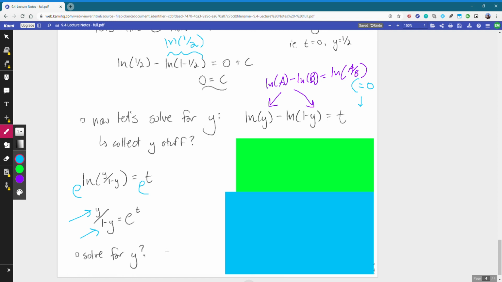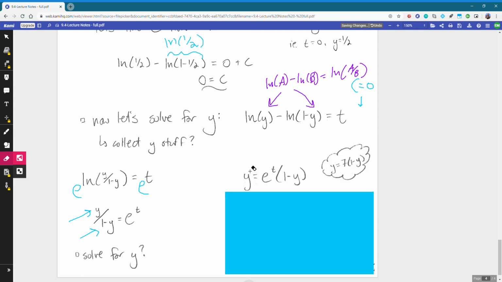Any ideas as to how we could make progress here and try to solve for y? I think a natural step is just clear denominators. We don't want to think about fractions if we don't have to. So we get here, and at this point, I think it's maybe still unclear how to move forward.